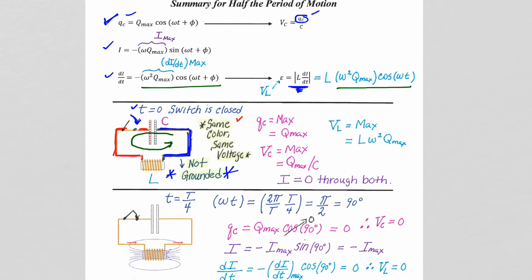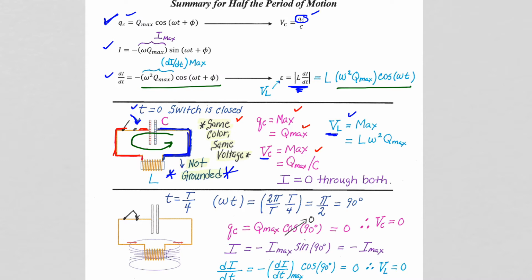So at time t equals 0, when the capacitor begins the oscillation, the charge begins to flow, at that point in time, we have the maximum charge on the capacitor, Qmax. We have the maximum voltage across the capacitor, Qmax on C, and remember that will be equal to the maximum voltage across the inductor. Those two will be the same, same color, same voltage.